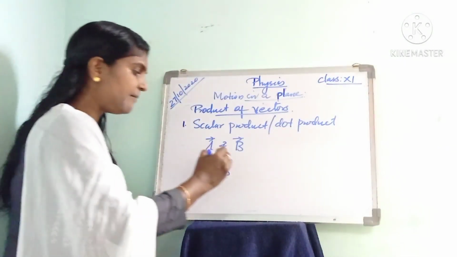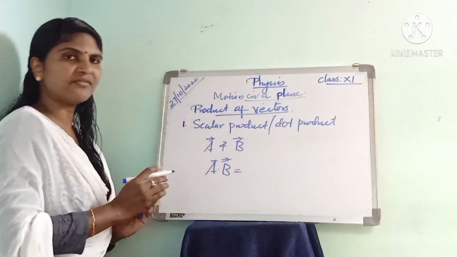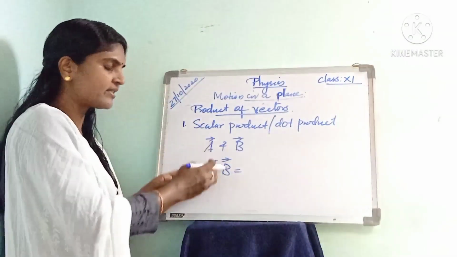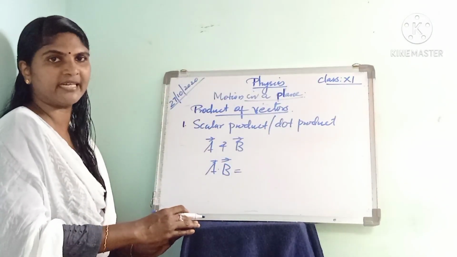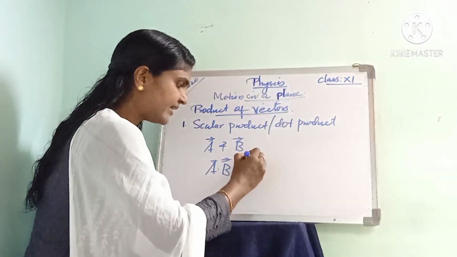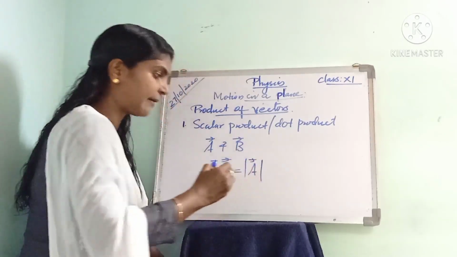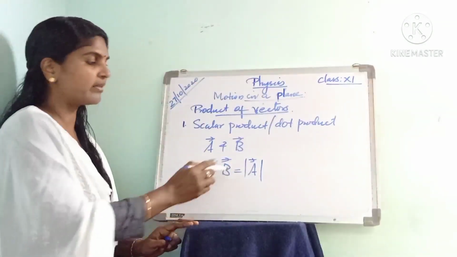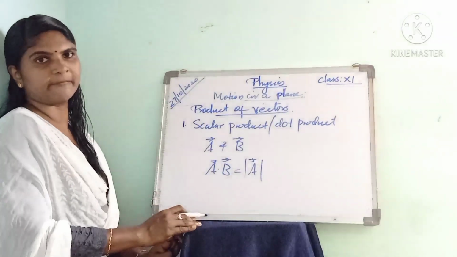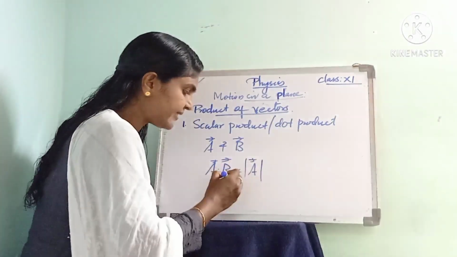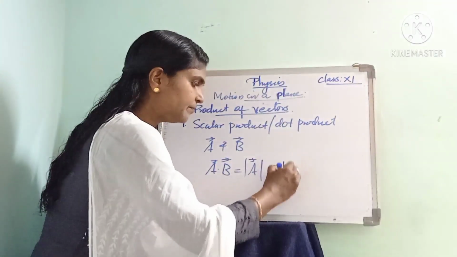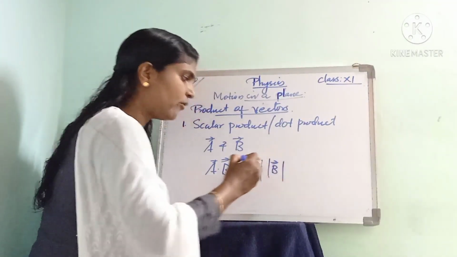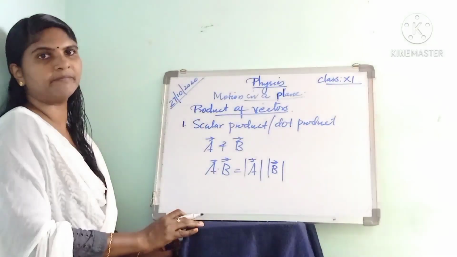It can be represented as, first, the modulus of vector A. You know how we represent the modulus of a vector: we write the vector in square brackets, which represents the modulus or magnitude of the vector. Then into the modulus of the second vector, vector B, the magnitude of vector B.